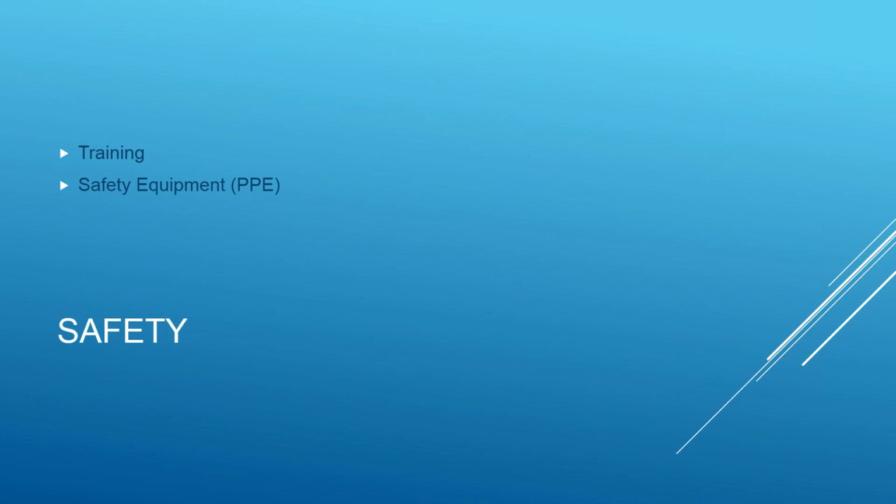Okay, safety. The very first thing is training. We want your team to develop a training plan for all of the team members and then conduct that training with all the team members. There will be safety equipment. Game day, you will be required to wear hard hats, safety glasses, and high visibility vests.